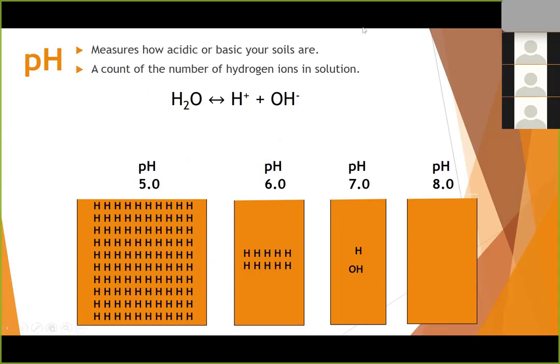I don't know if I want to belabor this point too much, but if you're not familiar with the concept of pH at all, it's measuring how many hydrogen ions are in solution that exist between that and equilibrium with water. And each number change is a magnitude of 10.